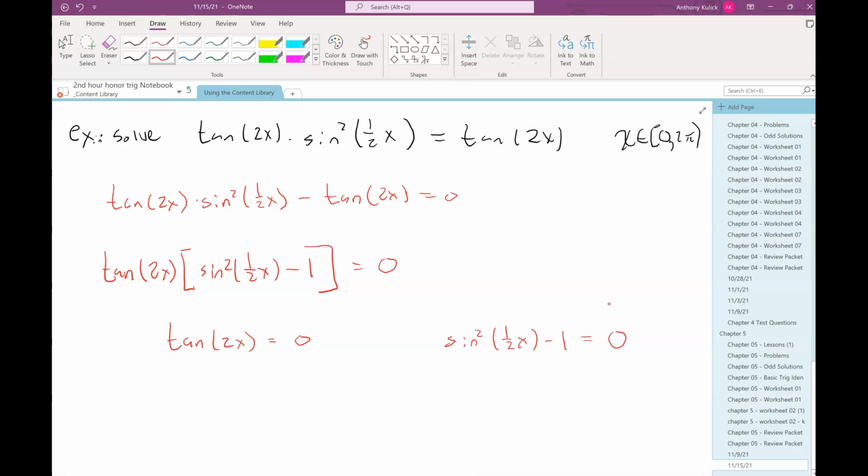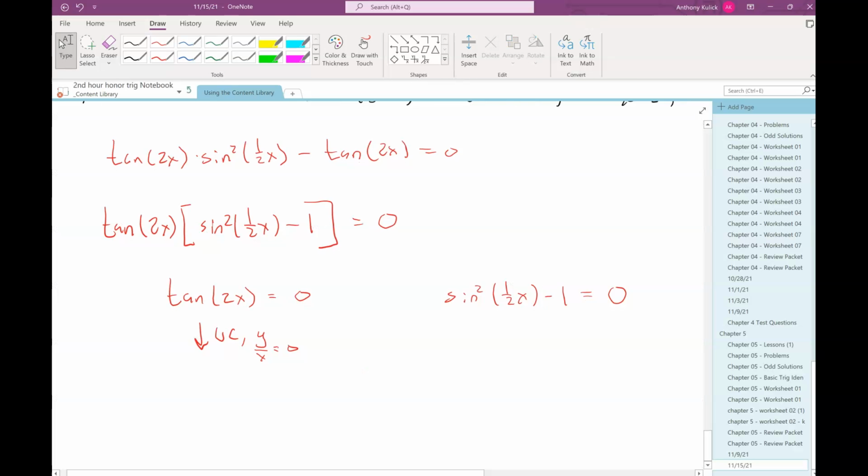So far, so good? Okay. So here, we're going to go for the unit circle. And remember where tangent is y over x. Wherever y over x is equal to 0, that's the same place as just where y is 0.